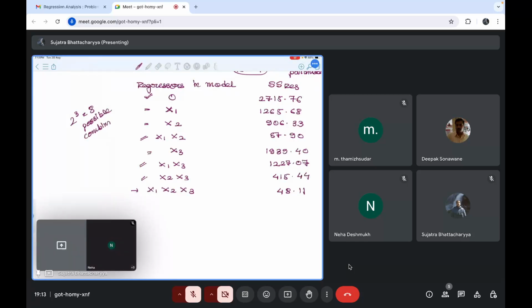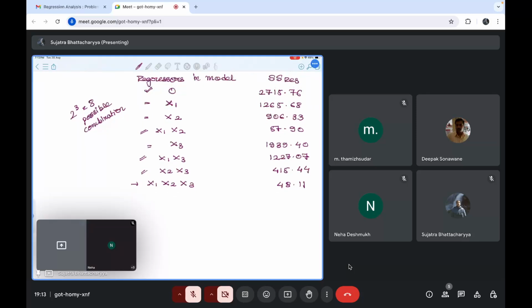And the corresponding SS residuals have already been calculated for you. You don't need to calculate everything because it would be hugely time consuming. It is given in the question. As I have told you, there are three regressors, so 2 cube, eight possible ways are there.